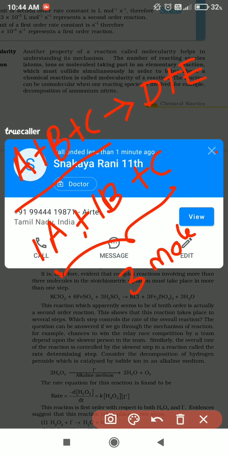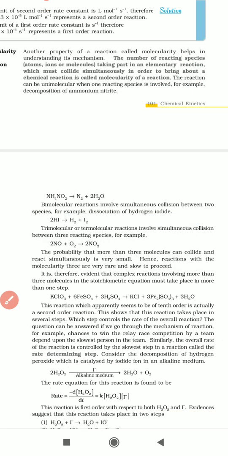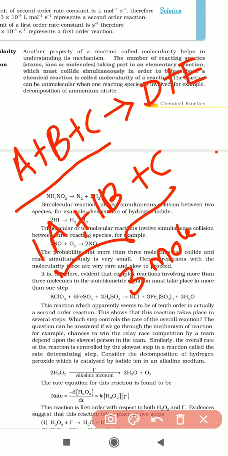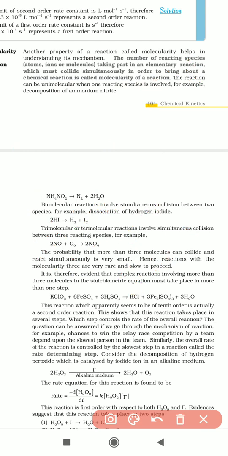So 3 moles are present. So the molecularity of the reaction is 3.